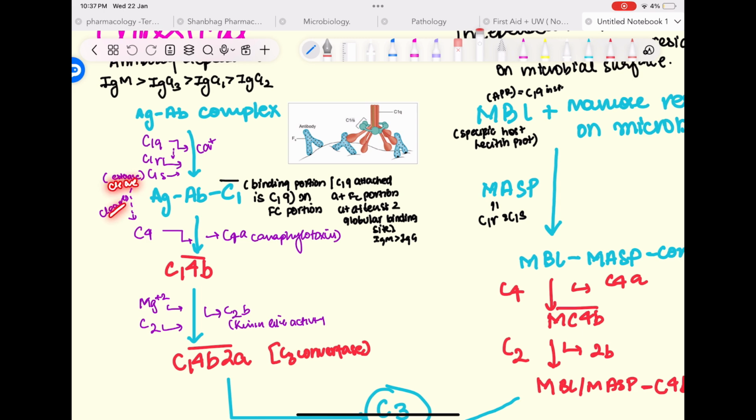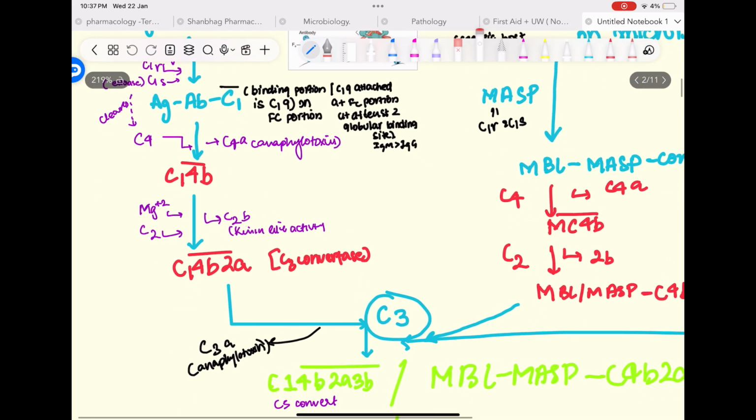Now this cleaves the C4 complement. The C4 complement protein is broken down into 2 further subdivided proteins called C4A and C4B. Here you can remember that C4B is a slightly larger molecule, and in other processes you will see ahead, always remember that the bigger molecule will bind to the further activated complement cascade.